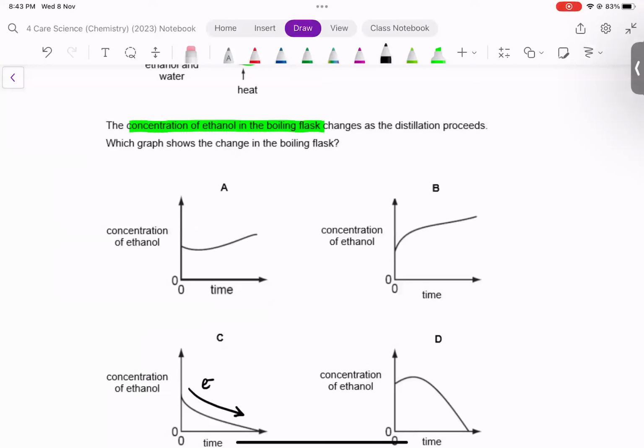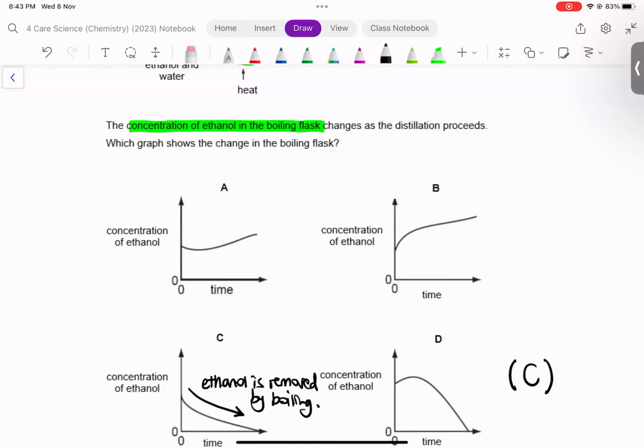The ethanol is removed by boiling, right? So the answer is C. The concentration of ethanol in the boiling flask must decrease because it's boiling and distilling out first.